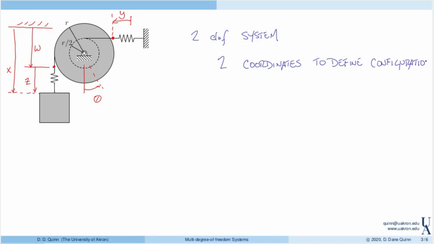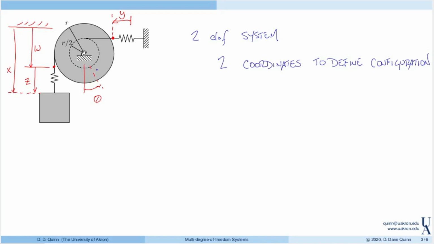Notice though that we've actually defined 5 coordinates, right? 1, 2, 3, 4, 5. So some of these coordinates are dependent on one another. So let's look. In fact, we need 3 relationships, because we have 5 coordinates and only 2 of them are independent.